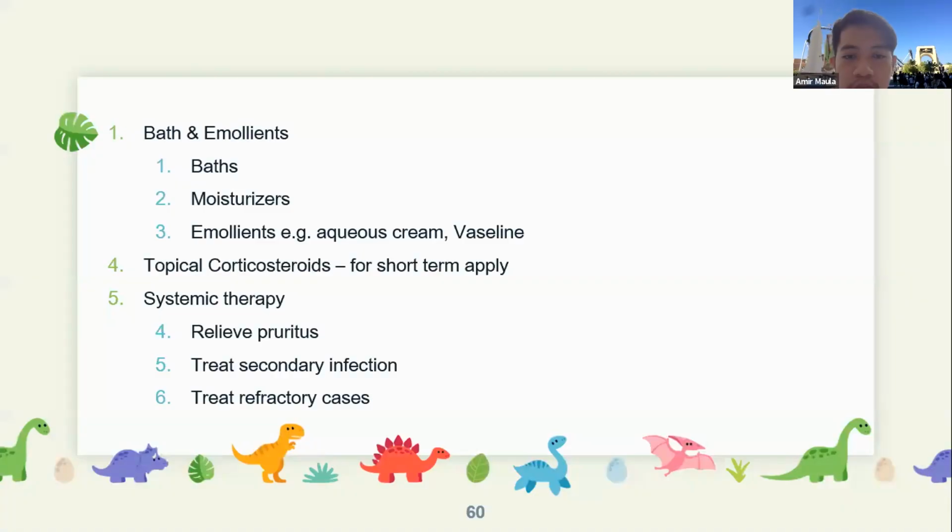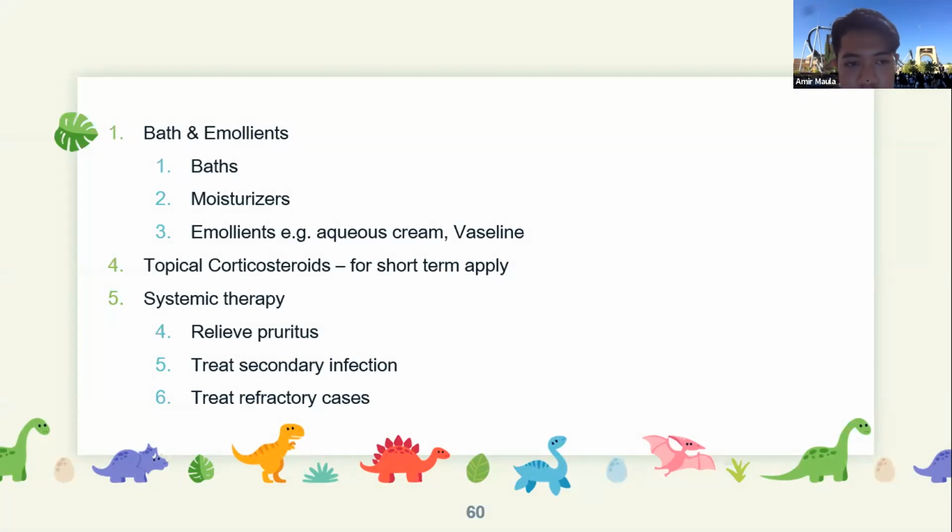So for management of atopic dermatitis, they usually tailor the management to the individual based on the severity, the patient's understanding and expectation of the disease, and the patient's social circumstances. They usually use two methods: baths and emollients, and topical corticosteroids. Baths are used to soothe the itching and remove the crusting, using a lukewarm bath.